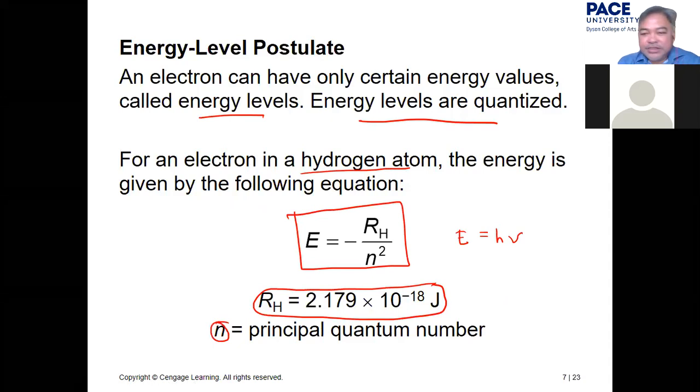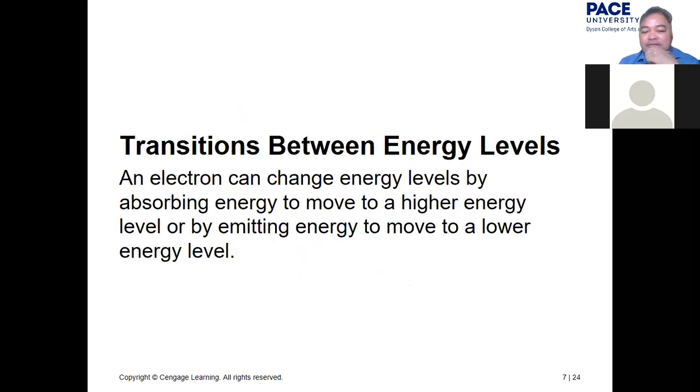So his explanation about the stability, and at the same time the line spectrum, is that whenever an electron changes energy levels, it is by absorbing energy to move to a higher energy level or emitting energy to move to a lower energy level. So what does it mean? If you are an electron, you can change energy levels.